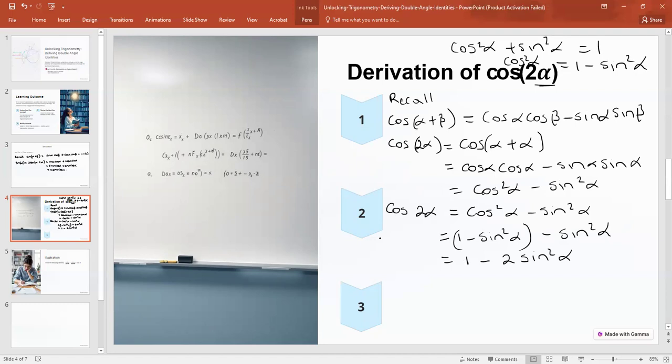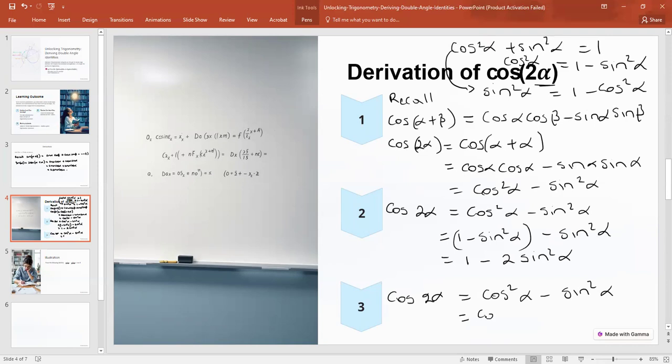The second form states that cosine of 2 alpha is equal to 1 minus 2 sine squared alpha. The third form will consist of having cos 2 alpha equal to cos squared alpha minus sine squared alpha. The third form now will consist of using this trigonometric identity and rewriting it as sine squared alpha is equal to 1 minus cos squared alpha. We substitute this into this expression to obtain cosine squared alpha minus bracket 1 minus cos squared alpha.